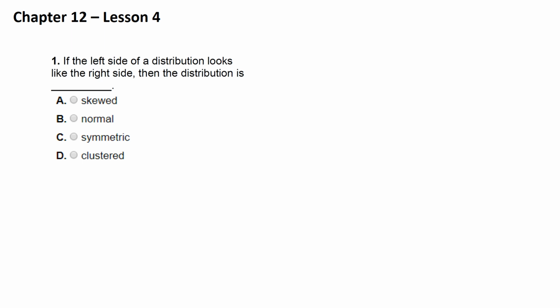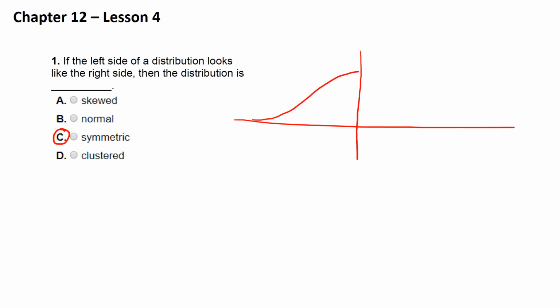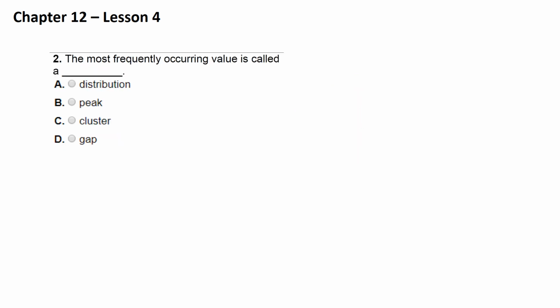Chapter 12, Lesson 4, Question 1. If the left side of a distribution looks like the right side, then the distribution is symmetric. So if this is a graph, and if the left side looks like the right side, it is symmetric. Question 2.